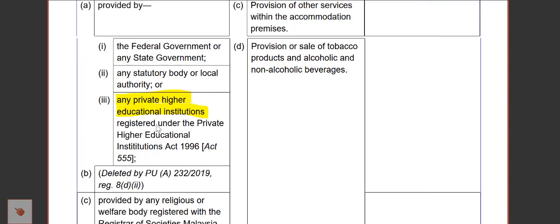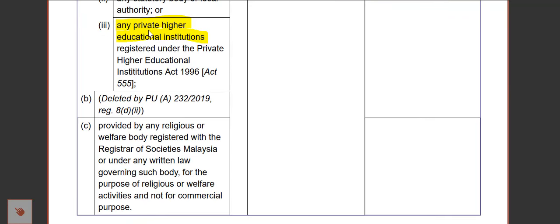Because the law only says private higher educational institution, technically if you are not a higher educational institution, then you are not excluded.